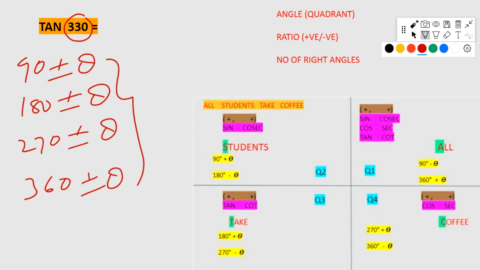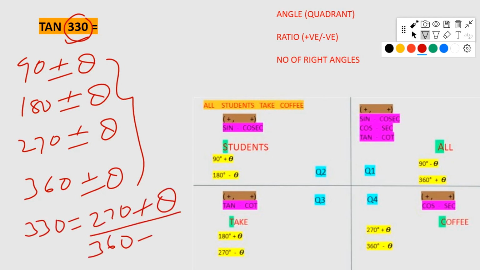Like this form. Here the angle is 330 degrees. So the angle 330 can be written as 270 plus 60 or 360 degrees minus 30, as you like.